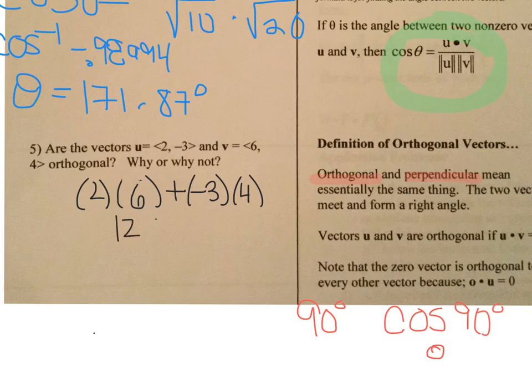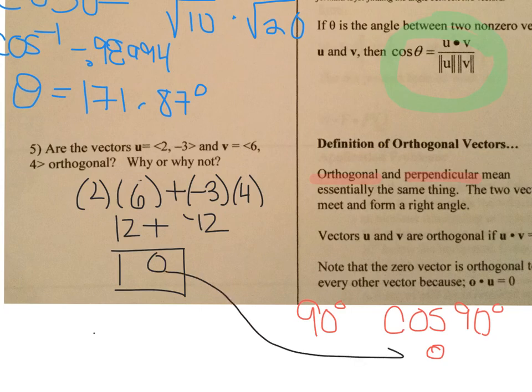So this is 12 plus negative 12, and that's 0. And I can tell you right now, I know they're orthogonal, because the dot product was 0. And if the dot product is 0, then we know that cosine at 90 is 0, so that means they make a 90 degree angle.